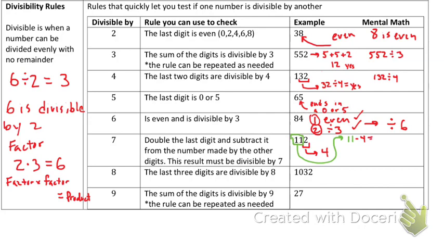If the number you get when you do this math is a number that's divisible by 7, so in this case we get the number 7, and 7 is divisible by 7, then we know that 112 is divisible by 7. A little complex, it's not such a good rule, but it's still one of the divisibility rules.